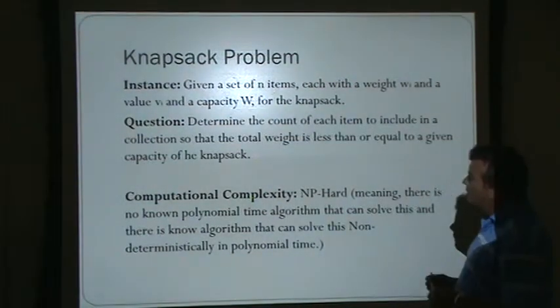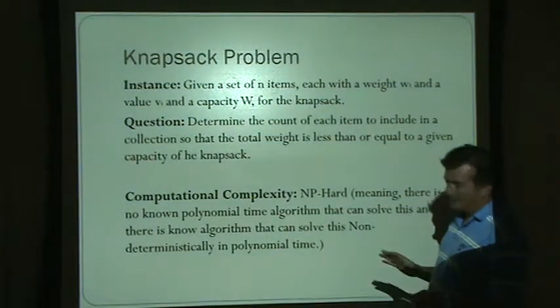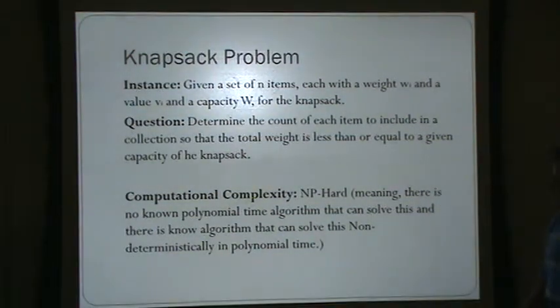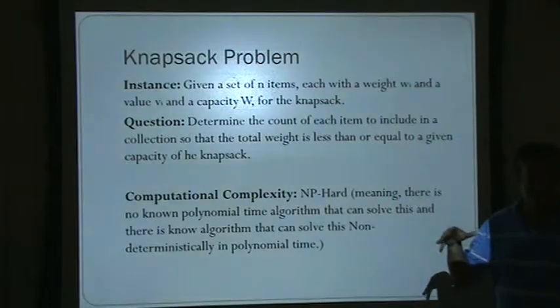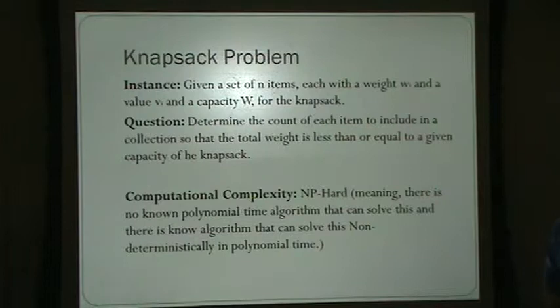So if you remember, we were talking about if you could do fractions of these items. If you could say, I want 4.5 of one item, and then the remainder of other items. If we could do fractional parts, then we could solve this problem very easily. We find the item with the biggest value per weight, and then put as many as that in until the bag is full.